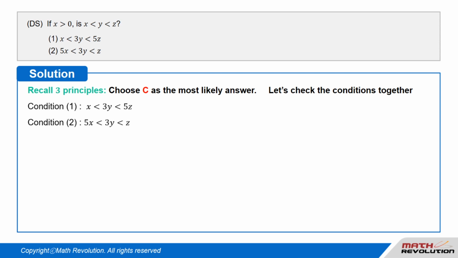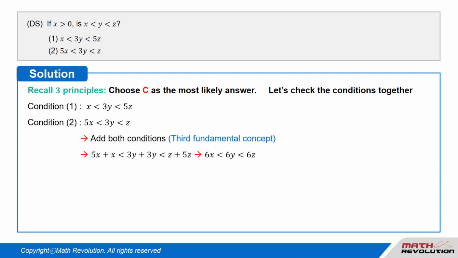Condition 1 tells us that x is less than 3 times y, which is less than 5 times z, while condition 2 tells us that 5 times x is less than 3 times y, which is less than z. So, using the third fundamental concept in inequality, we can add the equations without changing the sign to get 5 times x plus x is less than 3 times y plus 3 times y, which is less than z plus 5 times z, which is 6 times x is less than 6 times y, which is less than 6 times z.